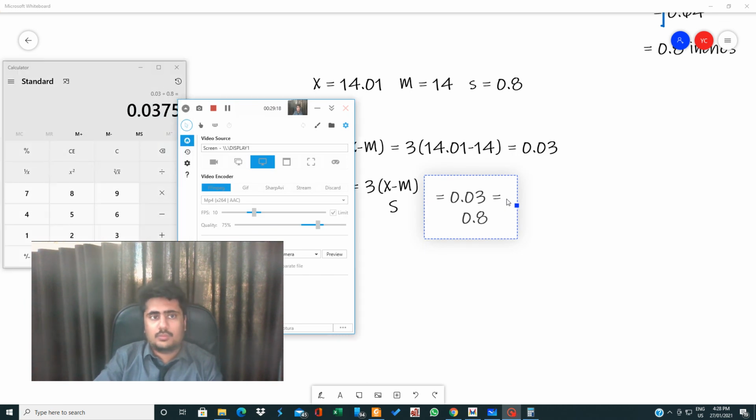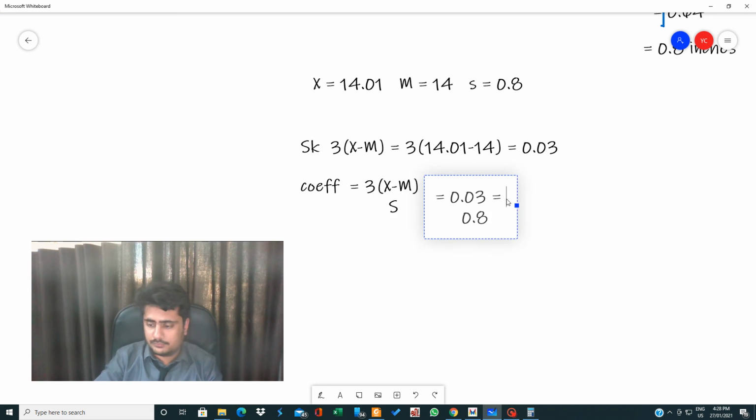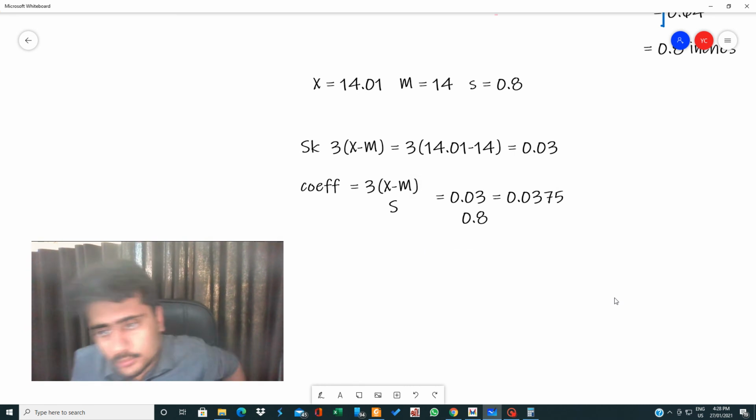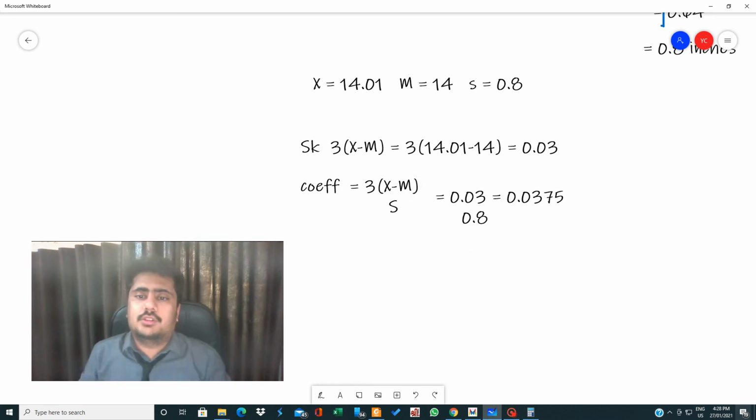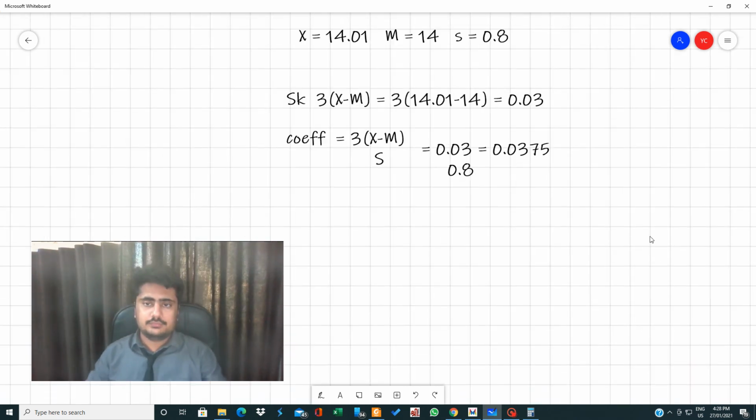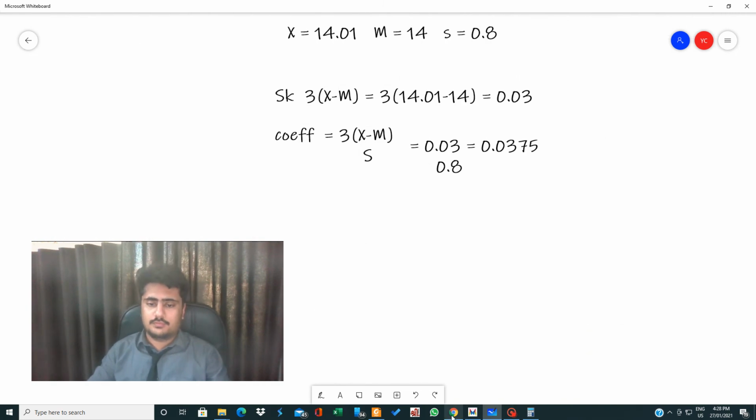That is 0.037. So this is my coefficient of skewness. So that's it for today.